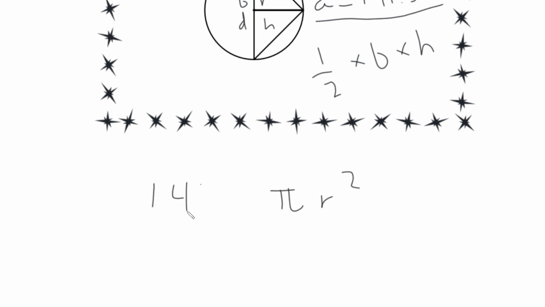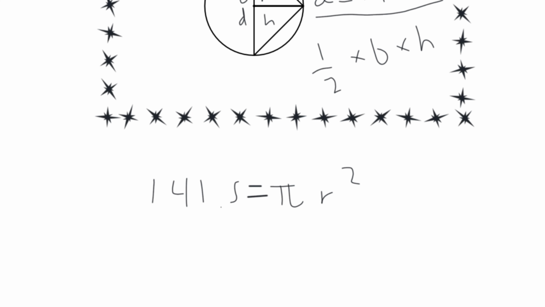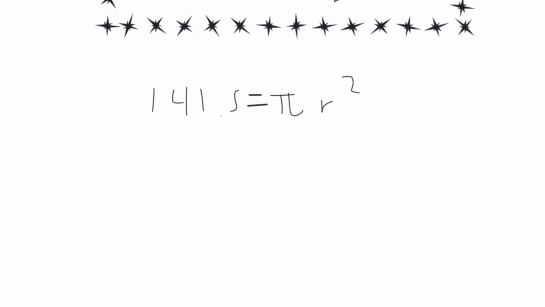Okay, so 141.5 is equal to pi r squared. And then next thing we're going to have to do is single out this radius. So divide by pi, and pi cancels out. This side also has to be divided by pi because we have to do everything equally.